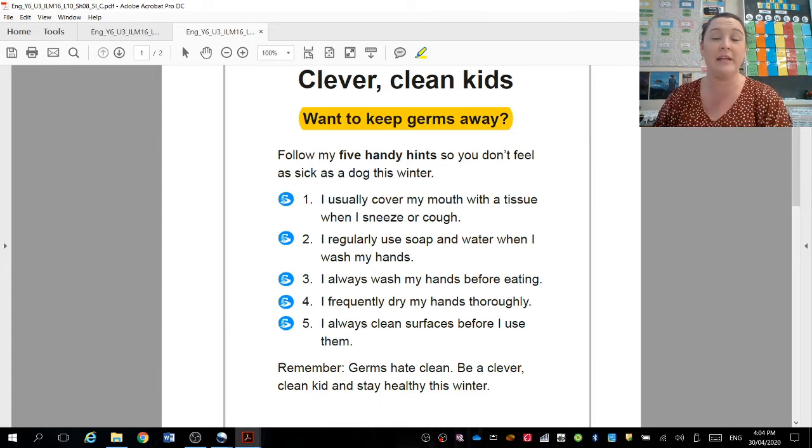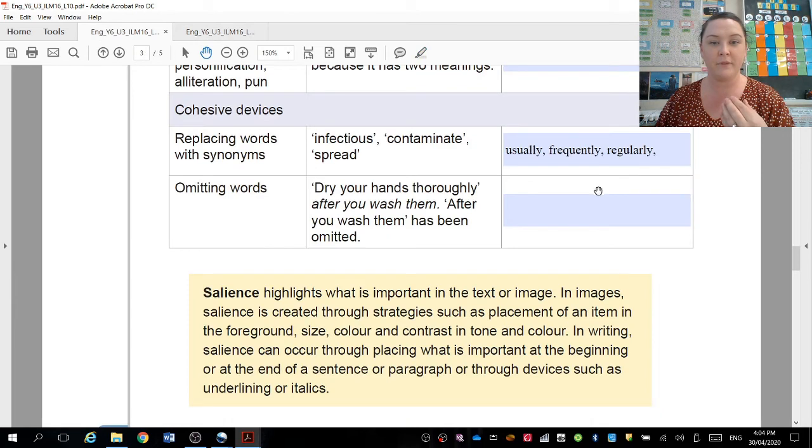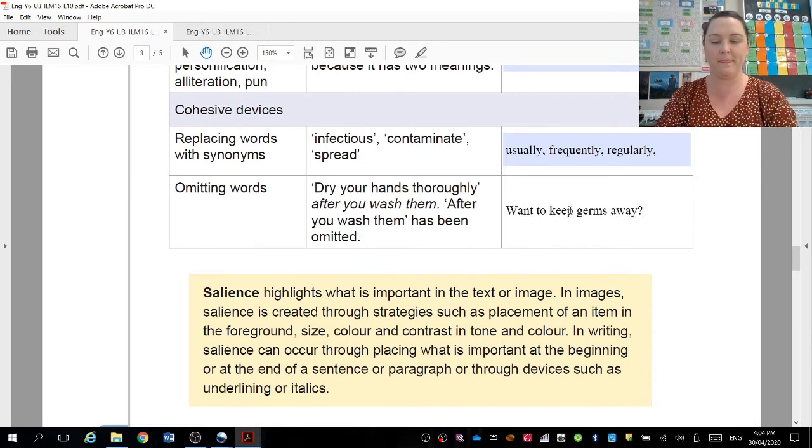It's very clear, so it still meets the purpose of the advertisement. You might want to write, "Do you has been omitted." That's the way I would end that sentence to keep it short.